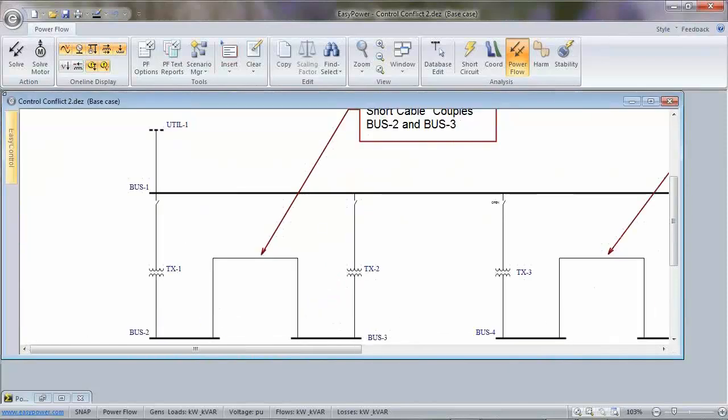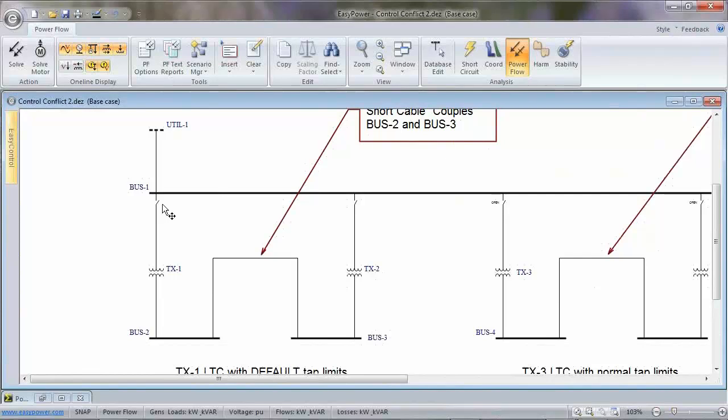Okay? Now, what happened? Let's see if I open this back up. You'll notice that this tap tried to go to 1.235. We can't see where this one went, but most likely this one was dropping down around 0.8 or 0.7 on its tap while these fought each other with this tie. This one trying to hold 1.02, this one trying to hold 1.